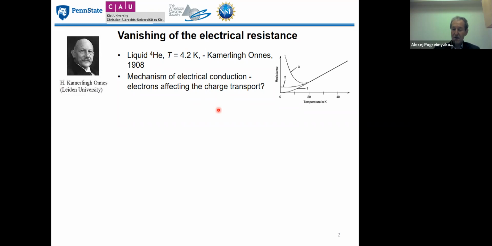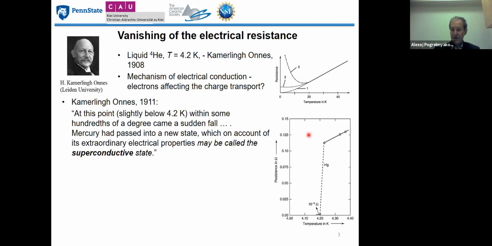And after some time, what was found, instead of all these predictions, was that the resistance of the mercury sample dropped within a fraction of a degree to such a low value that it could not be measured with the apparatus available for electrical resistance measurements.